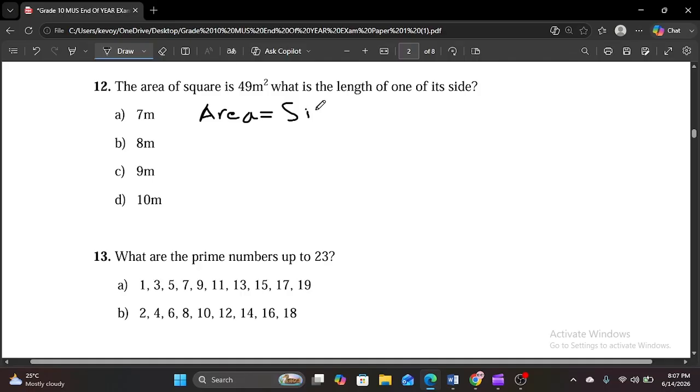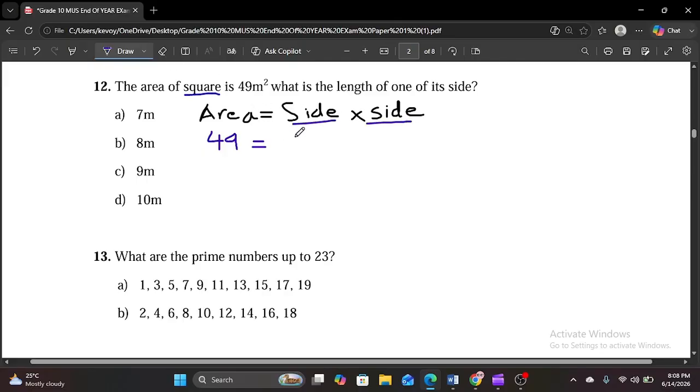So in this case, side times side is going to be equal to, so let's write it right there, we already know what the area is. So the area is 49, equal to side times side. Normally the side should be the same because it's a square.